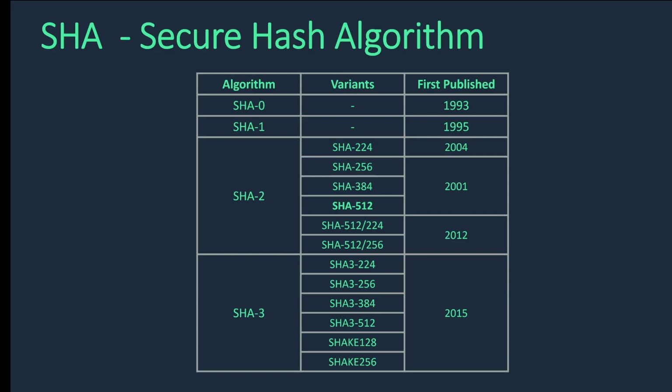So if someone is talking about SHA-512, they are probably referring to the SHA-2 family. If someone wants to talk about SHA-512 as part of the SHA-3 family, then they have to emphasize that it's part of SHA-3. But when we're just talking about SHA-512 in general, we are referring to the SHA-2 family. And that's the main purpose of this video.